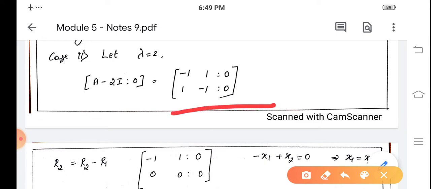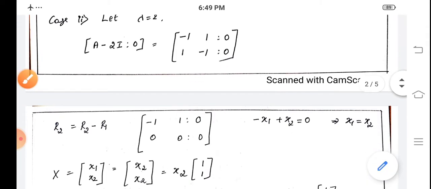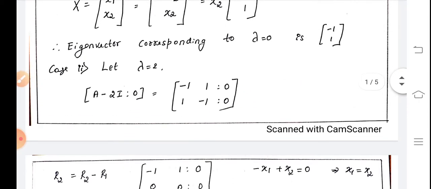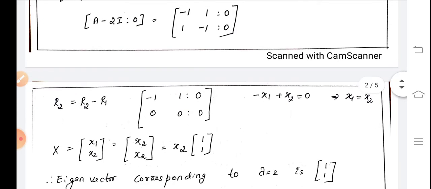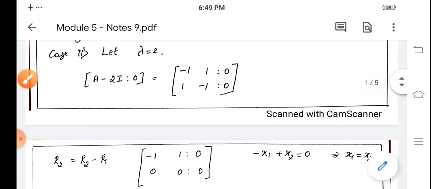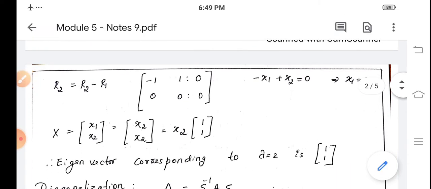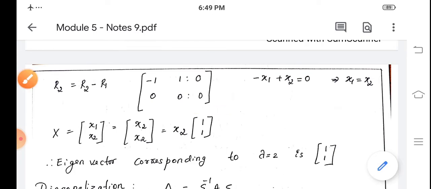That gives minus 1 1 0, 1 minus 1 0. So next we are reducing this to echelon form by writing the row operation. We write the row operation for the second row, that is R2 equal to R2 plus R1. So using this row operation, the augmented matrix will be minus 1 1 0, 0 0 0.